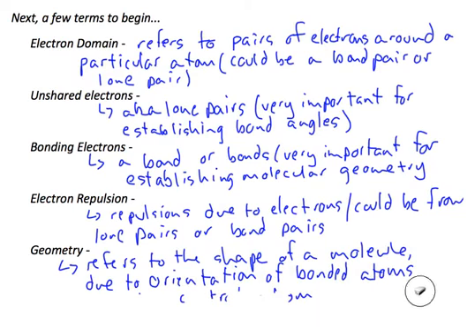And the geometry then refers to the shape of a molecule, and that's due to the orientation of bonded atoms around a central atom or atomic center. And again, bonded atoms, this is important. It's only the bonded atoms that give rise to the geometry. The lone pairs are still there, but they do not come into the shape of it. And again, you'll see how that works later. So those are the definitions. If you want to pause the video now, it might be a good idea, and I'll wait for a minute.